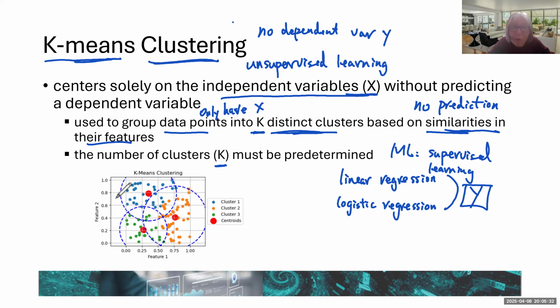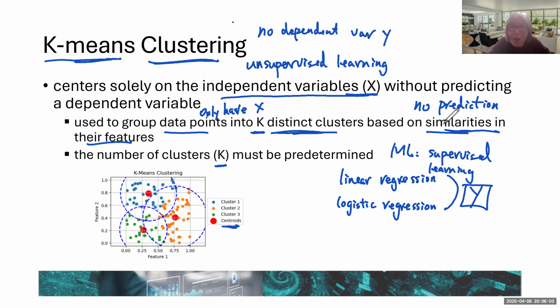So this diagram also shows it. Here you can see we have a data distribution, with two features of the data distributed here. And then we say we want to have three clusters. With three clusters, you see there are three big red dots. Basically they are the centroids for each of the clusters.